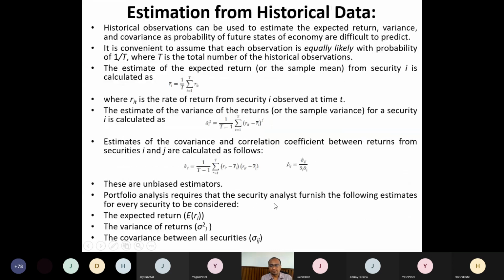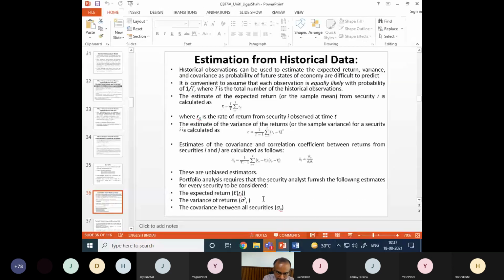Anyway, let me now summarize what we have learned. So let me go again to my Word document.